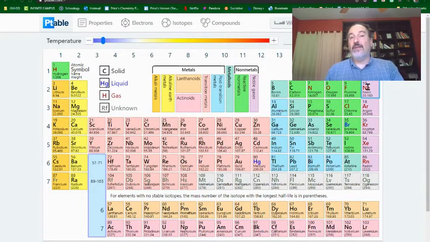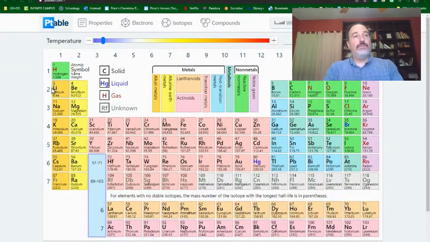That tells you how many valence electrons there are, or how many electrons there are in the outermost energy level. So if you have anything in column 14, all of these have 4 valence electrons, whereas everything in column 16 has 6, and everything in column 2 has 2 valence electrons.